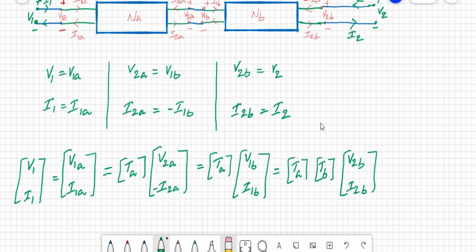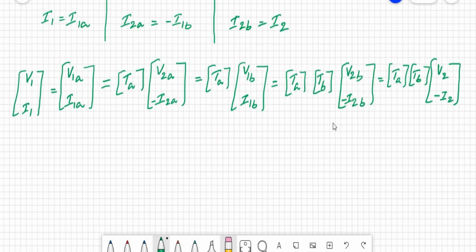But what is V2B? V2B is equal to V2. So TB into V2B, minus I2B. This can be written as TA multiplied with TB multiplied with V2, and I2B is nothing but I2, but here you have minus I2B, so minus I2.